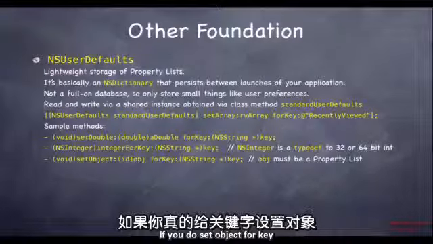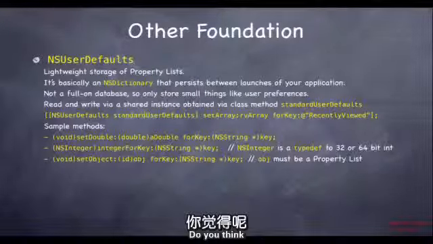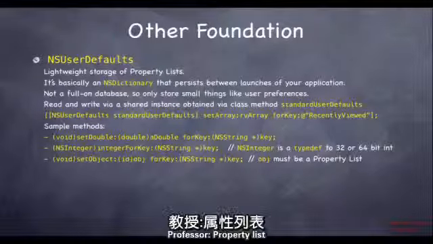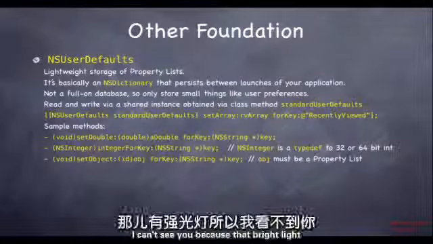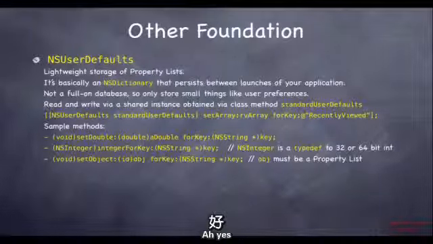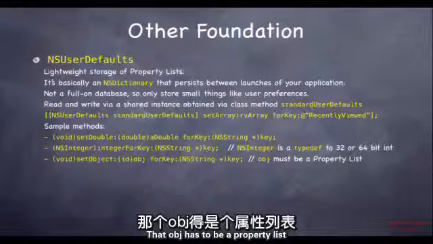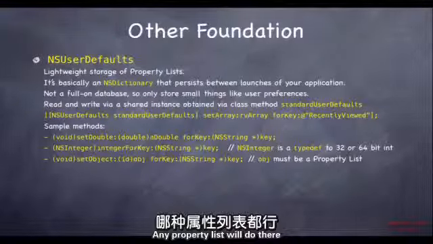If you do setObject:forKey:, guess what obj? What kind of obj does obj have to be, do you think? Property list, exactly. Bonus points. I can't see you because of that bright light, but you get a bonus point if I could see you. Yes, setObject, that obj has to be a property list. Any property list will do there.